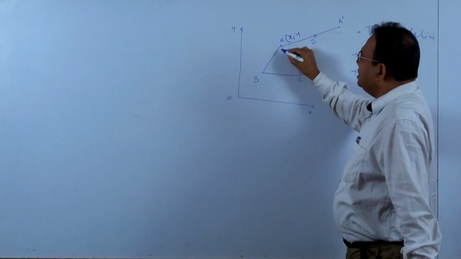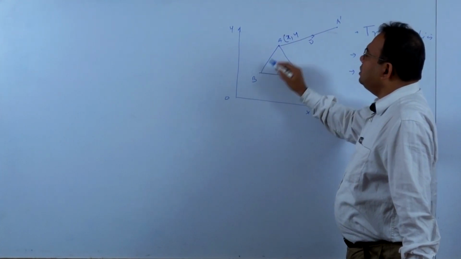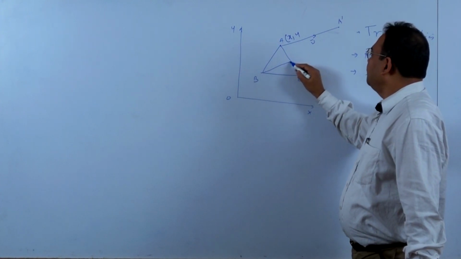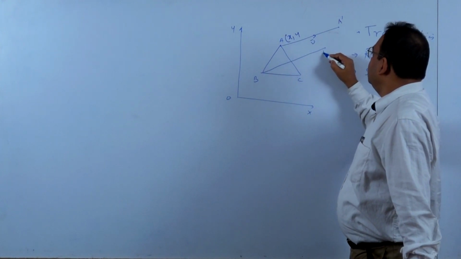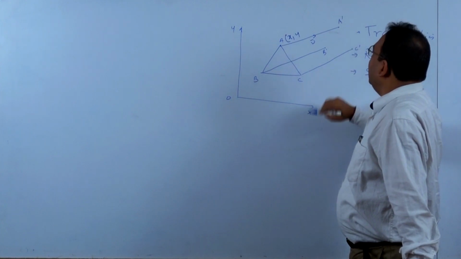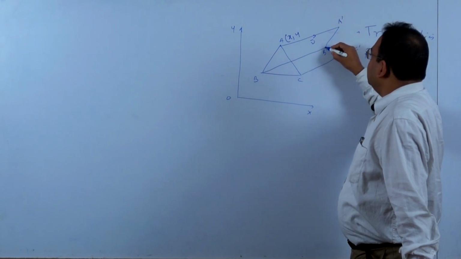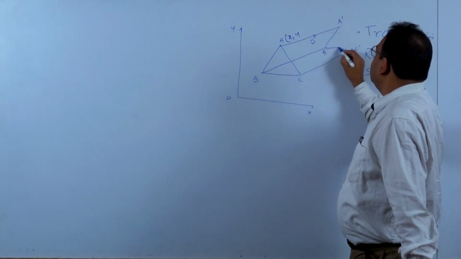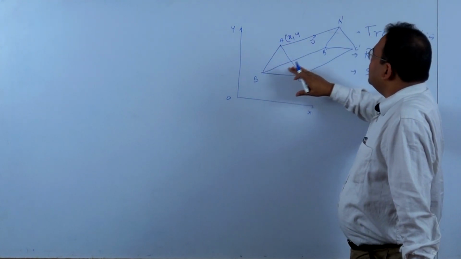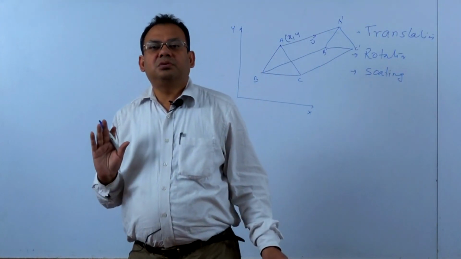Now as we are considering this object as a rigid body, that means every point on this object will be translated by the same amount along the same direction. So B is translated to B dash and C is also translated to C dash, and in the new positions we can redraw the object just by drawing a straight line between A dash and B dash, B dash and C dash, and A dash and C dash. So this object is translated to the new positions A dash, B dash, C dash. So this is pure translation.